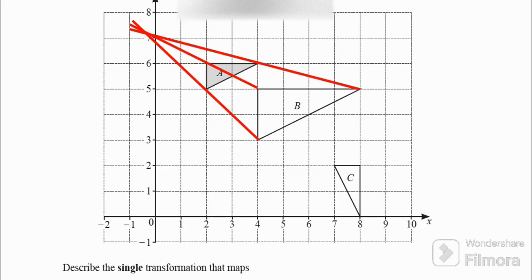The three lines are joining together around over here, 0, 7. So this means that the enlargement is from 0, 7.